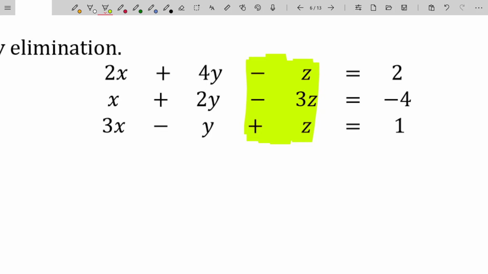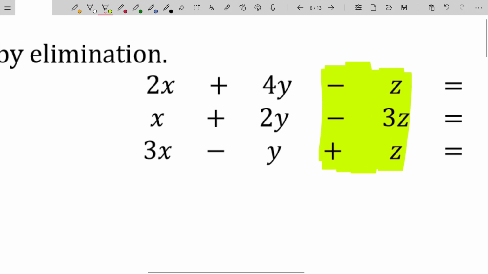So all I have to do is add rows 1 and 3 to kill z off. When you do this with a 3x3 system, you're going to kill z off twice. If you had a 10x10 system, you'd kill z off 9 times. Whatever the size of your system is, you eliminate one less time than the number of equations. So with 3 equations, you eliminate twice.